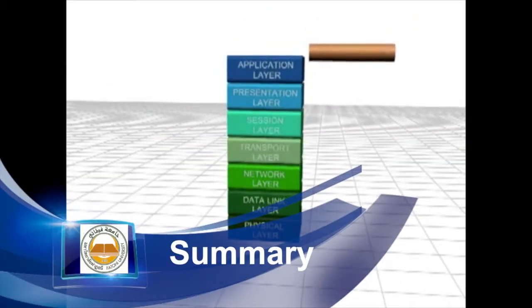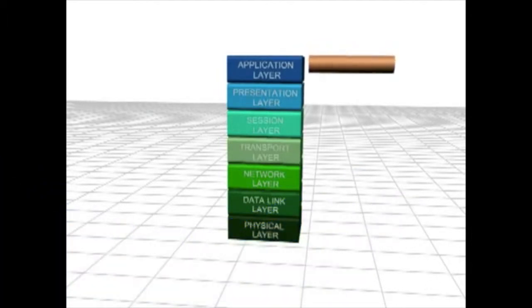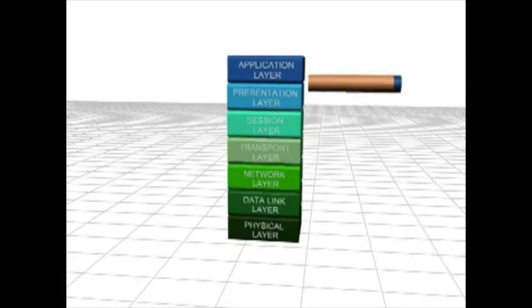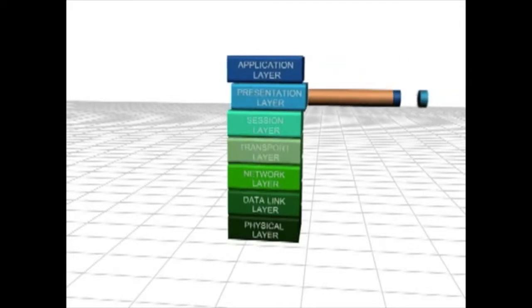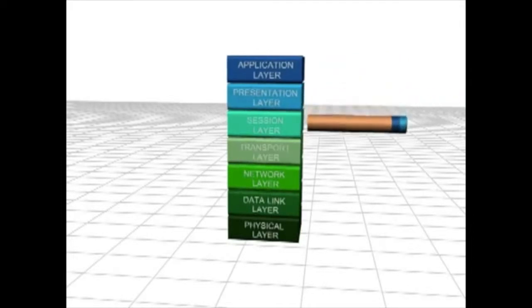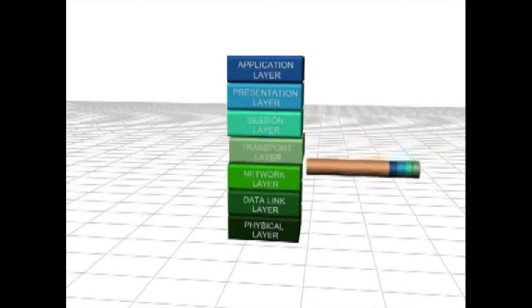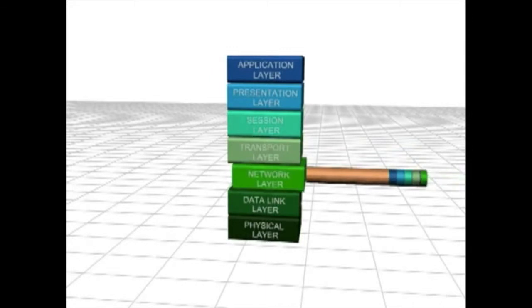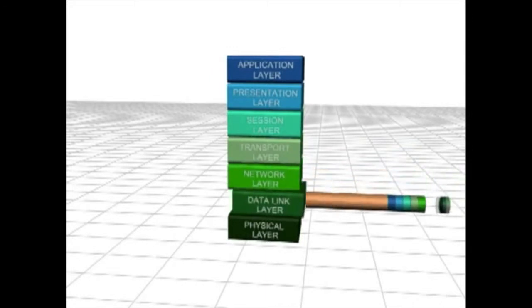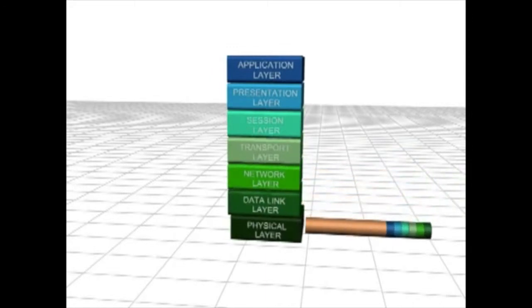So to recap all these processes, to summarize our 7 layers: the application layer is where the user interacts with the application to provide data. The presentation layer is concerned with the format of data exchange between the end systems. The session layer allows users on different machines to create sessions between them.